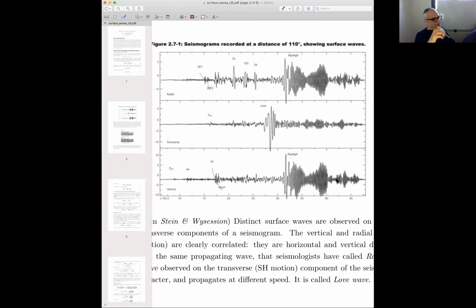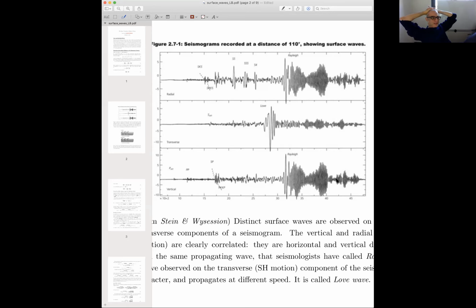It was only Rayleigh, Lord Rayleigh, at the end of the 19th century, who mathematically figured out that if you have a free surface, you will end up having a disturbance that propagates along the surface, like I explained the other day.